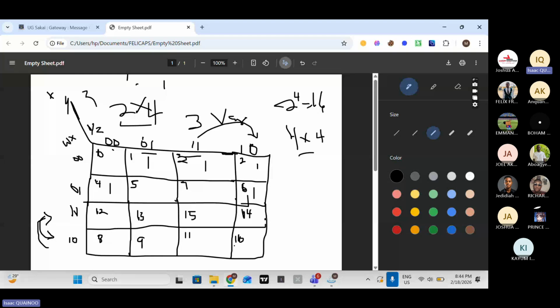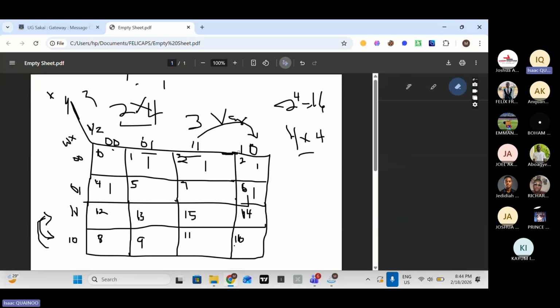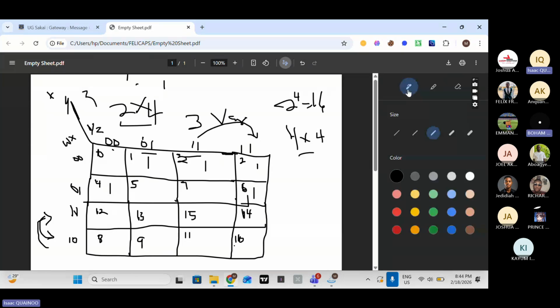So this becomes a 4x4 K-map. All right, so with a 4x4 K-map, there are several ways to number this. You can also decide to number it with its corresponding binary computation, that is 0, 0, 0, 0, because this holds values for the point where W not, X not, Y not, Z not.